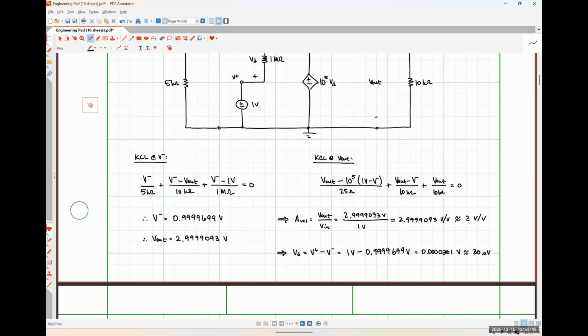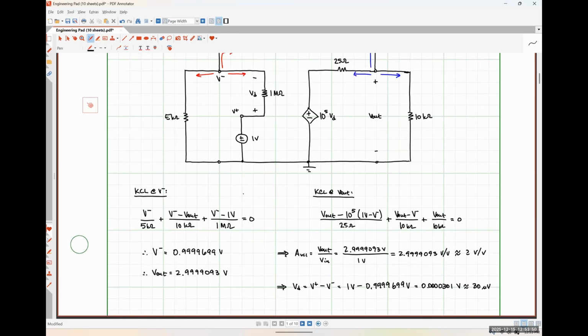Just for the hell of it, we could also figure out the current that's flowing through our input resistor, right?